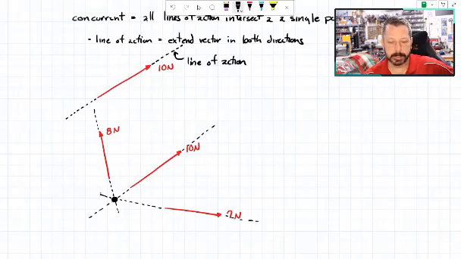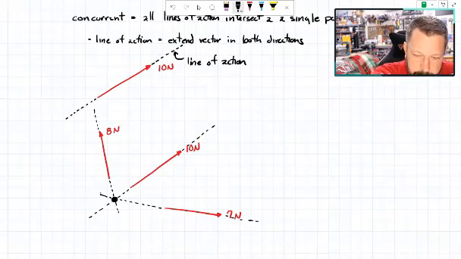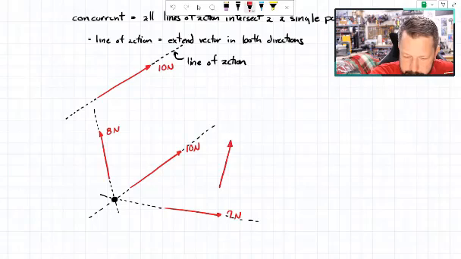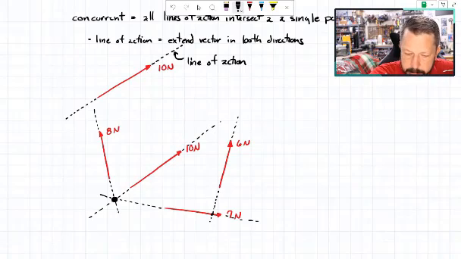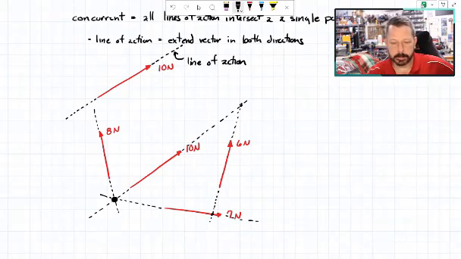We're not in three dimensions currently. If I add another one, and we'll make it 6 newtons, it has a line of action, but it intersects here and here, not at that original point. So this one is not concurrent.